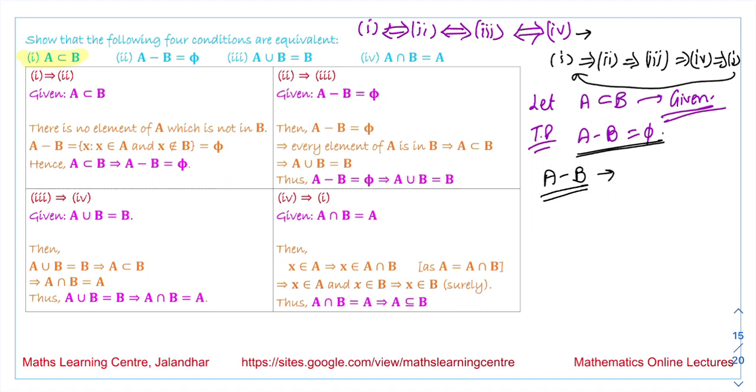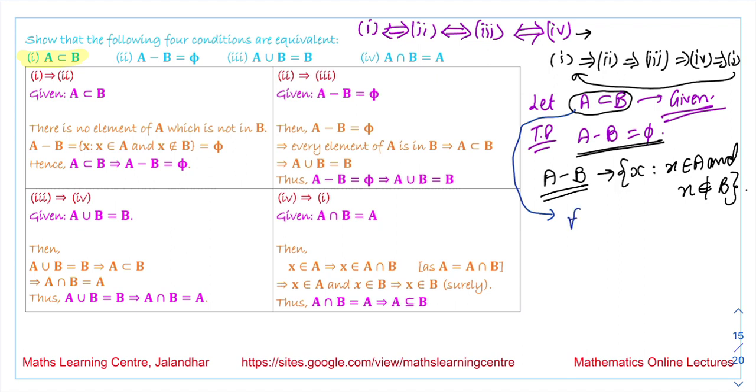This set is X such that X belongs to A and X does not belong to B. But what is given to us is that for all X belonging to A, X belongs to B. It means we want to find some X which belongs to A but does not belong to B, and we cannot find any X in this form.